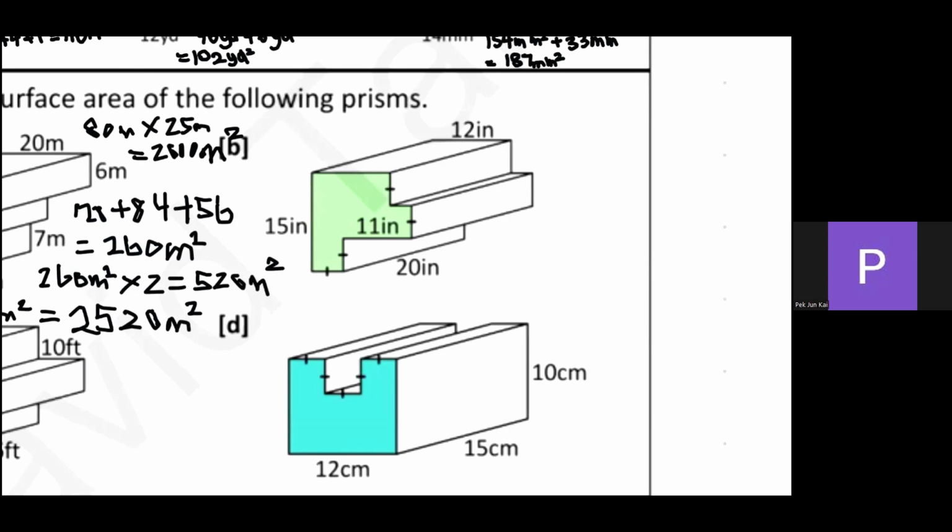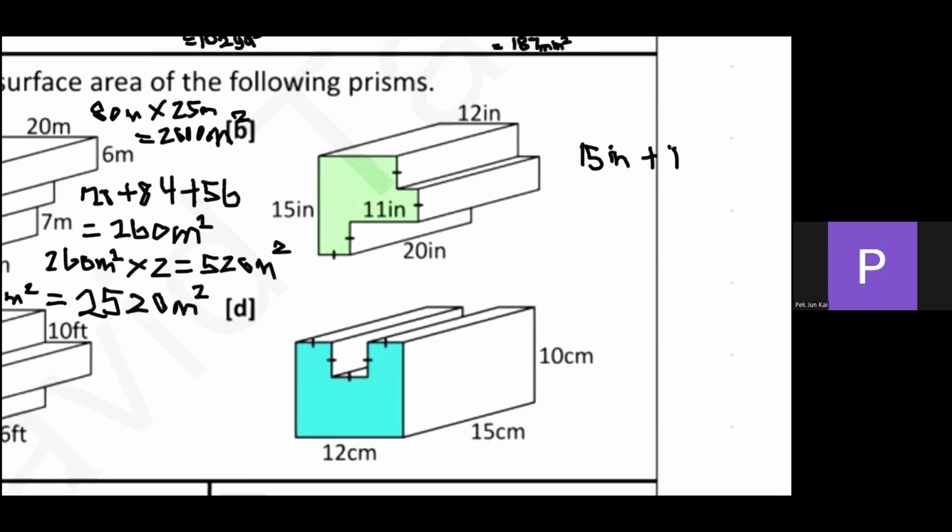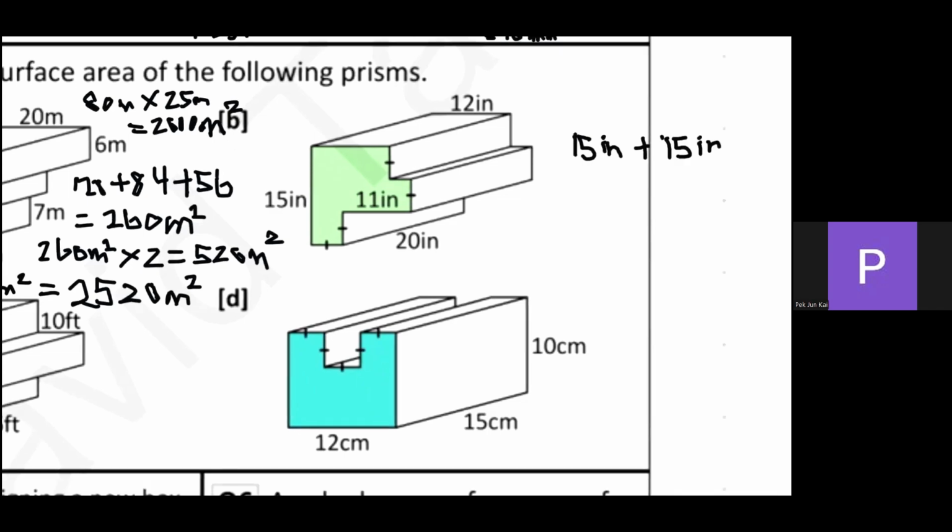So 15 inches plus 15 inches again, since the opposite side of this is also 15 inches here, plus 16 inches, since here is 5 and here is 11, so it's 16.